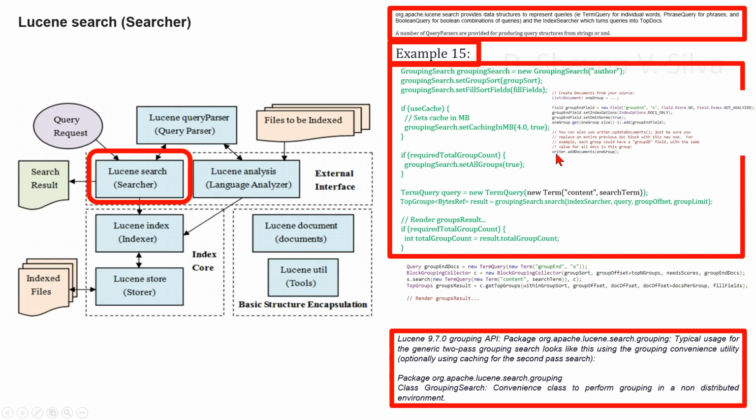You can also use writer.updateDocuments. Just be sure you replace an entire previous doc block with this new one. For example, each group could have a group ID field with the same value for all docs in this group.